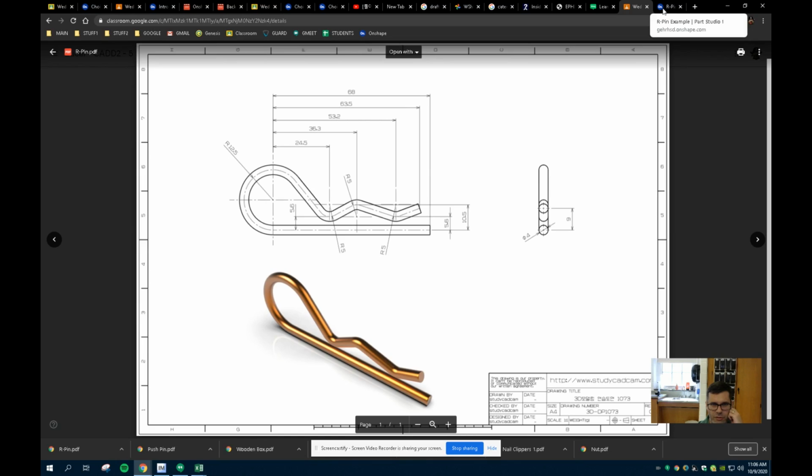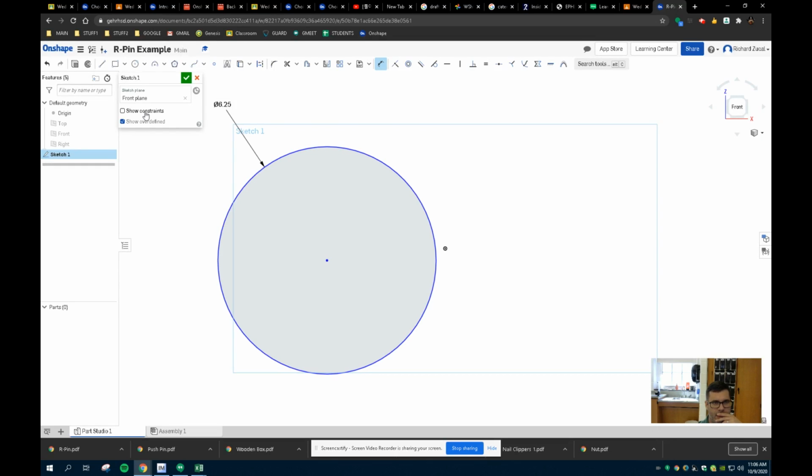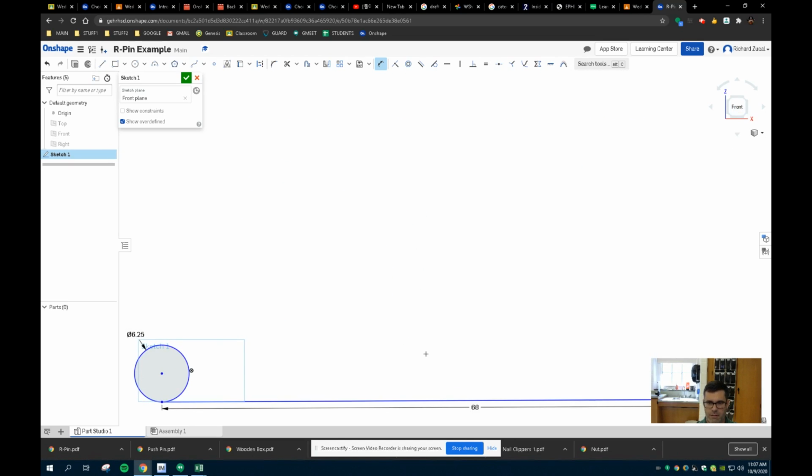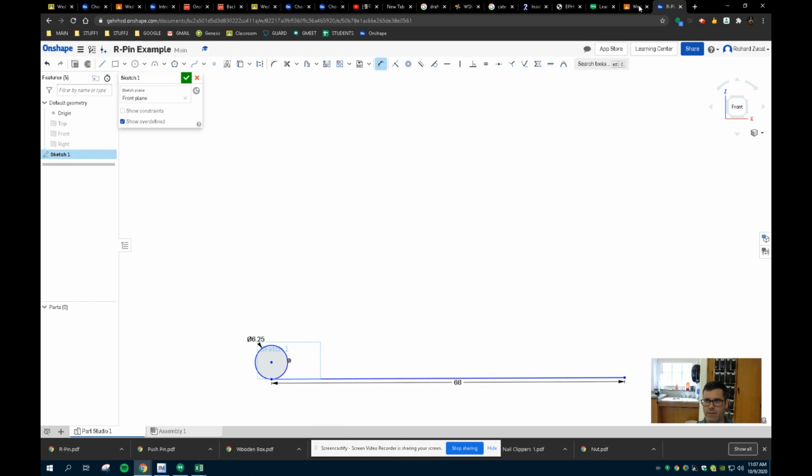So from the bottom of the circle, I want to go 68 millimeters that way. Well, I guess I'll just put tangent. That's tangent. Is that looking right so far?